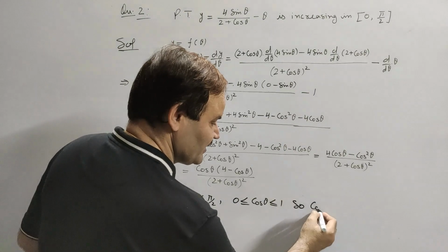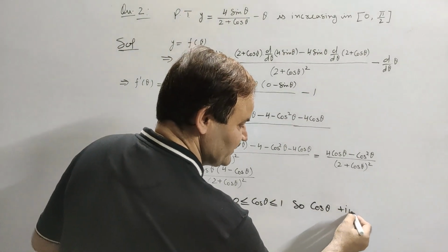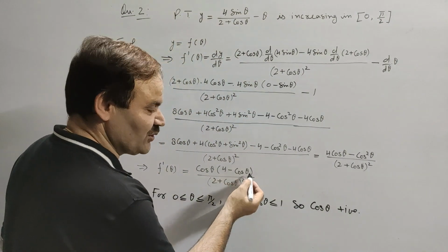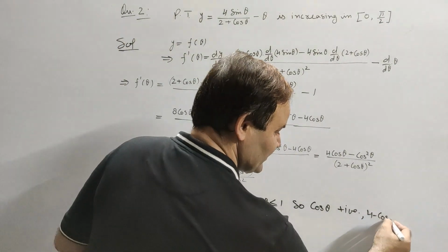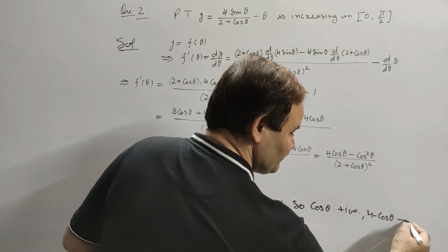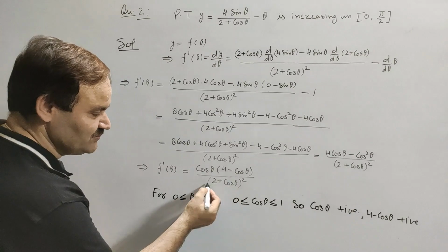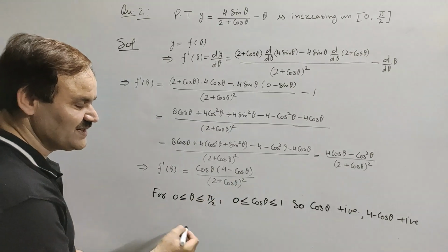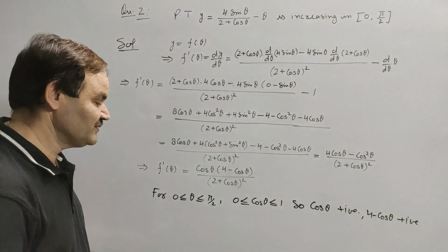So cos theta will be greater than 0, meaning cos theta will be positive, while 4 minus cos theta will also be positive, and this term 2 plus cos theta whole square, being a perfect square, will always be positive.